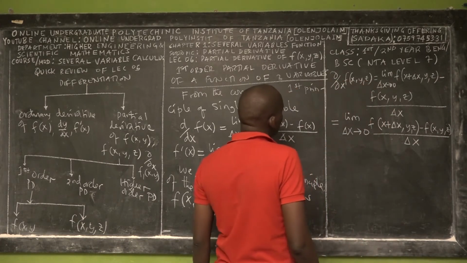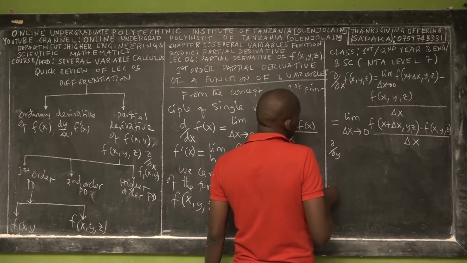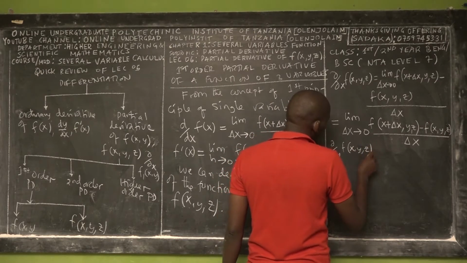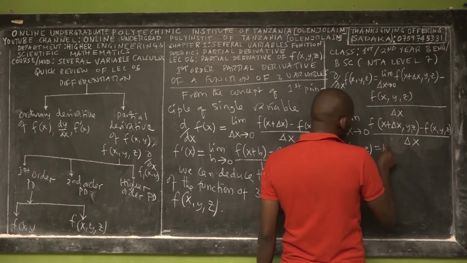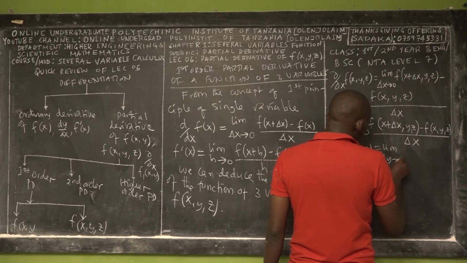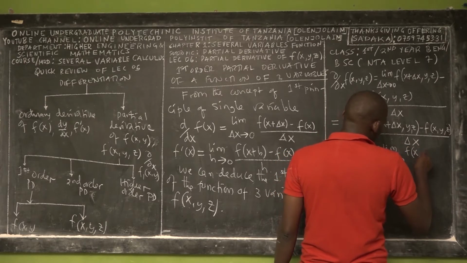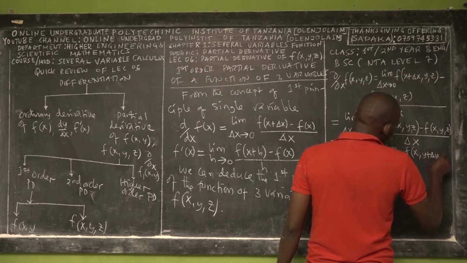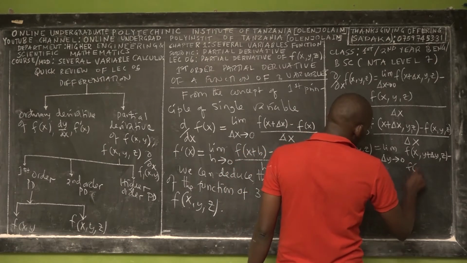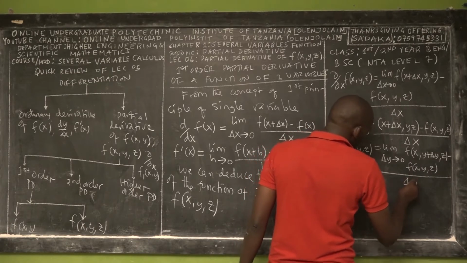The second formula: we can differentiate the same function with respect to y. The partial derivative of f of x, y, z is equal to the limit as small change in y approaches 0 of f(x, y plus small change in y), keeping z constant, minus f(x, y, z), divided by small change in y.